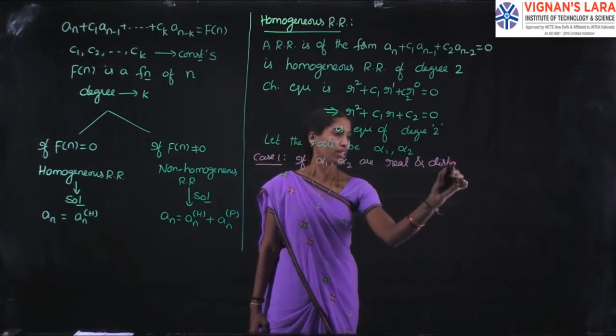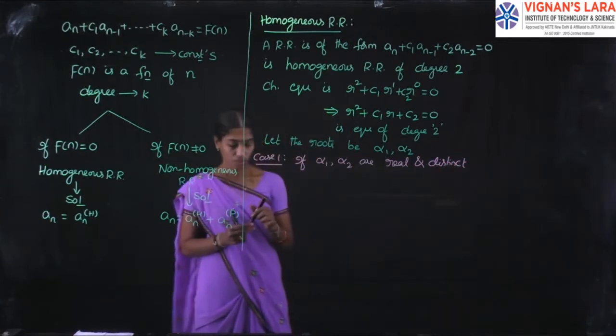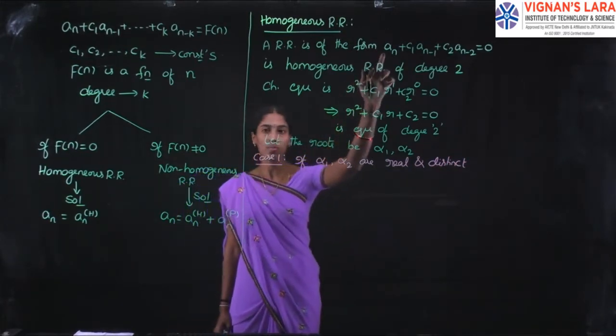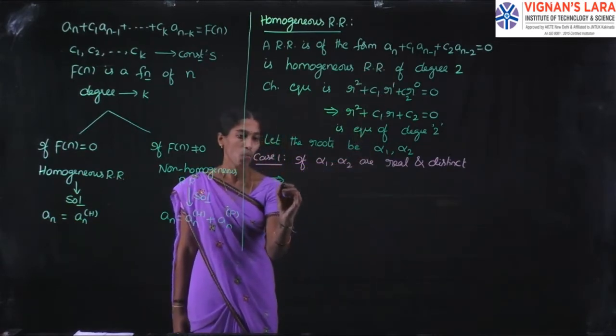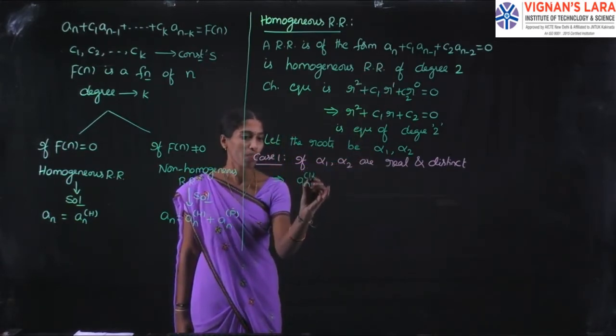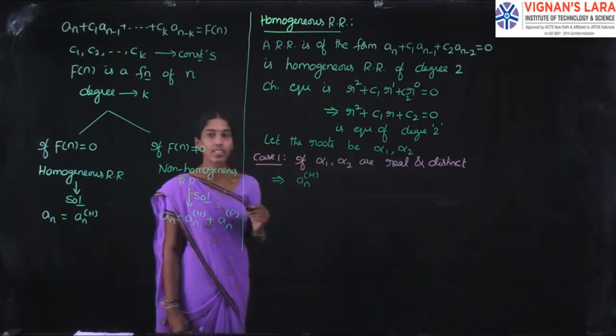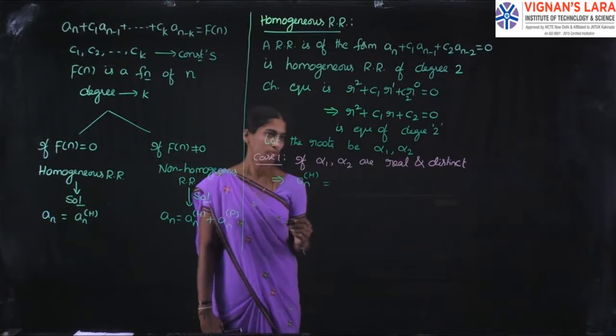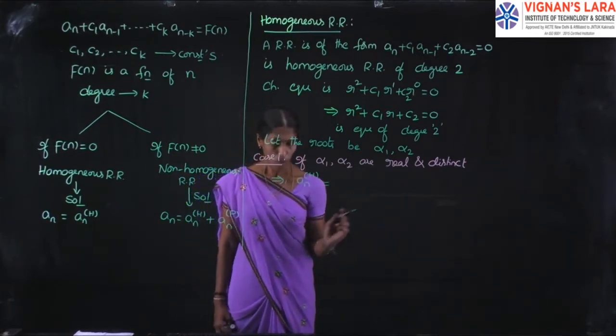real and distinct, in that case, because the sequence in this recurrence relation has terms a_n, it is a homogeneous solution a_n(h). This h in brackets indicates the homogeneous solution.